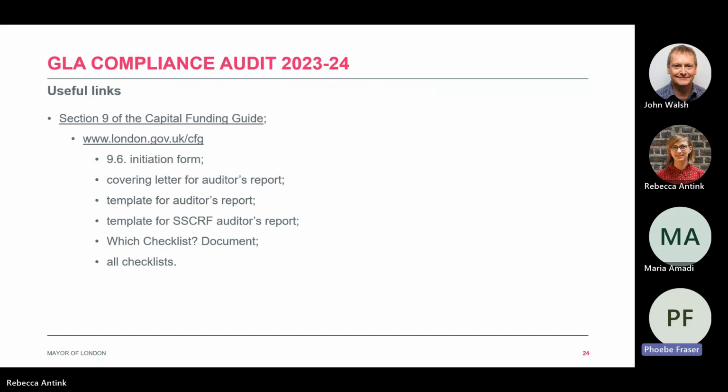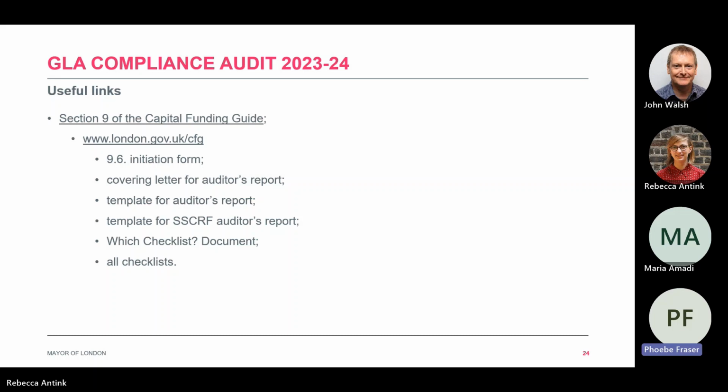Thanks, John. And just to reiterate what John was saying there, section 9 of our capital funding guide is just on the compliance audit and the information required to complete it. We can find all of the documents that we've mentioned in this briefing under section 9.6 of the capital funding guide.